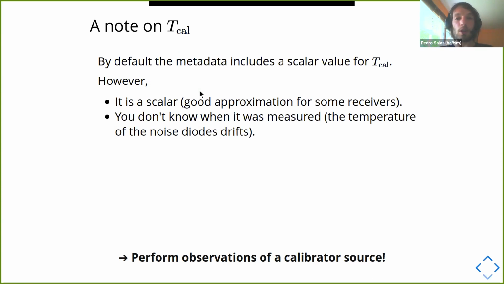So it's really recommended that you take the time to observe a calibrator source, any of the 3C sources cataloged by Perley and Butler, for example, can be a good source. And you have to observe this so you can rederive the temperature of the noise diode.